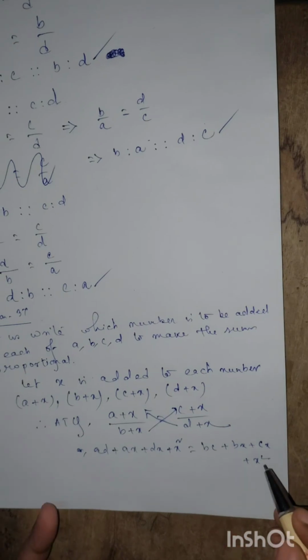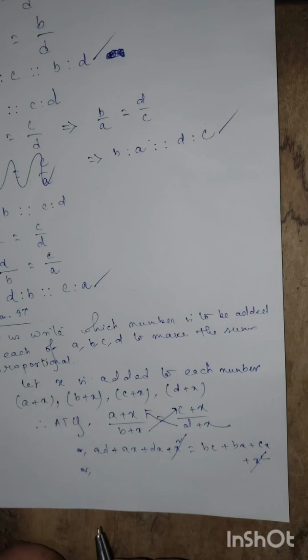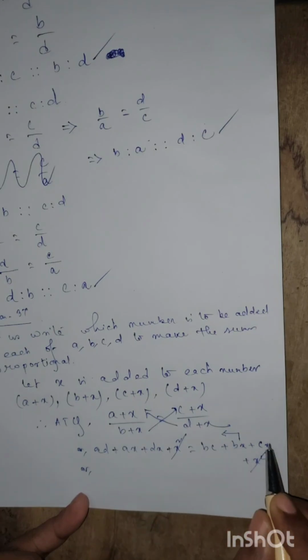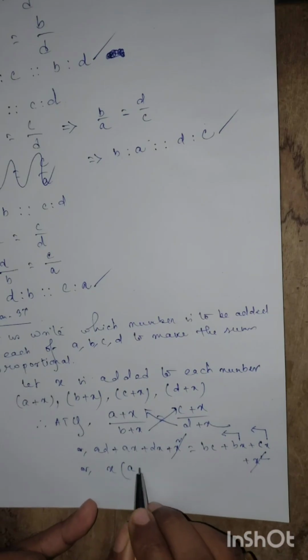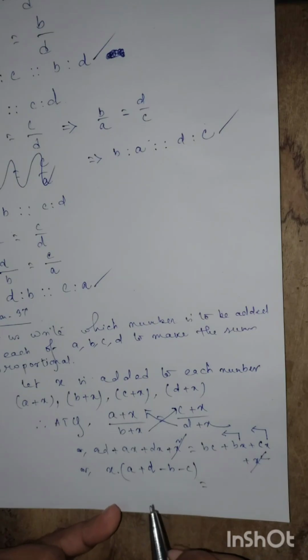So now x square can be cancelled from both the sides. Now if we take the terms containing x to the same side, we are getting, okay, so these two terms are transferred to the left side. So if we take x common, we are having a plus d minus b minus c into x is equal to, the constant is transferred to the right side.